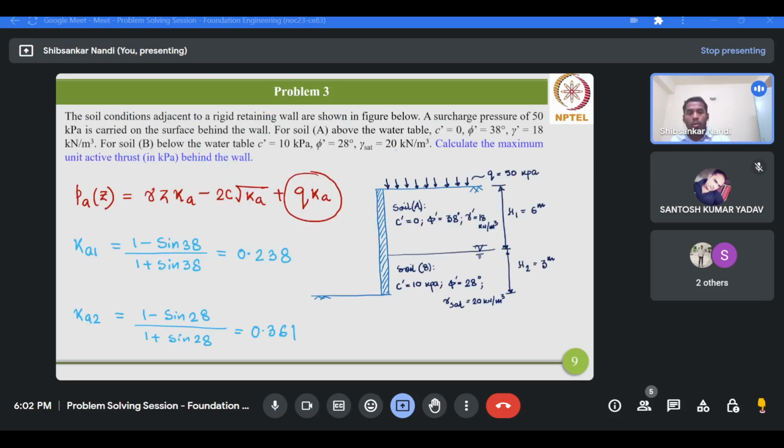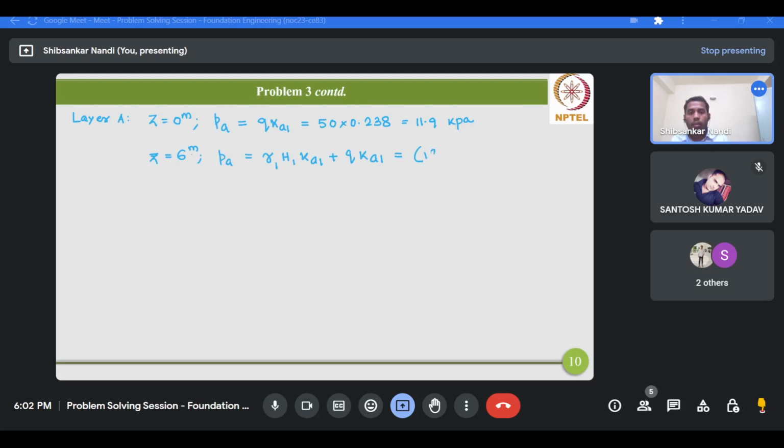Gamma 1 value is 18, H1 is 6, K1 is 0.238, plus 50 times 0.238. Okay, 37.6 I am getting.